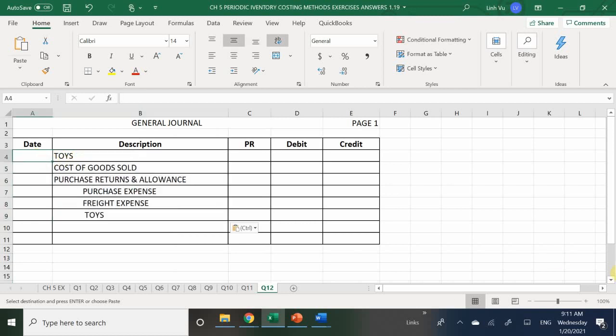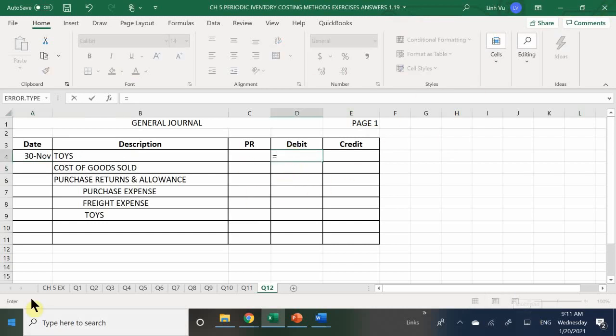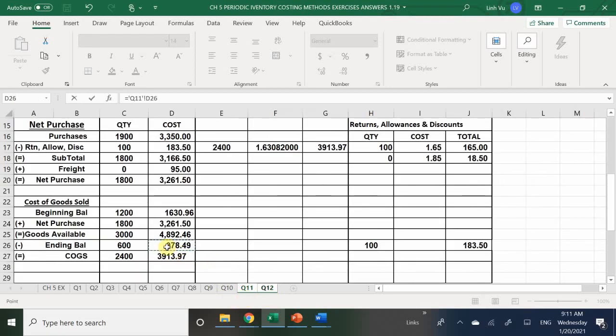Okay, and this time it's November 30th. So what was my ending balance that I solved for? 978.49.